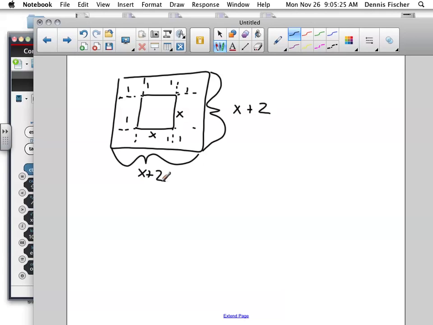Now, the area of the pool and sidewalk together is 900. So how do you make area from a square? Times what? If I take this times this, I'll make it easier. x plus 2 times x plus 2 is x plus 2 squared, right? Now why I did that is equal to 900.